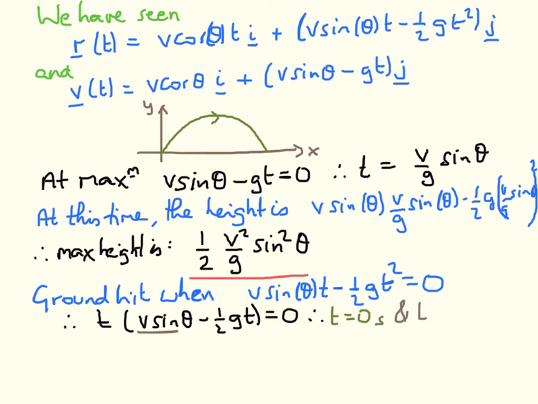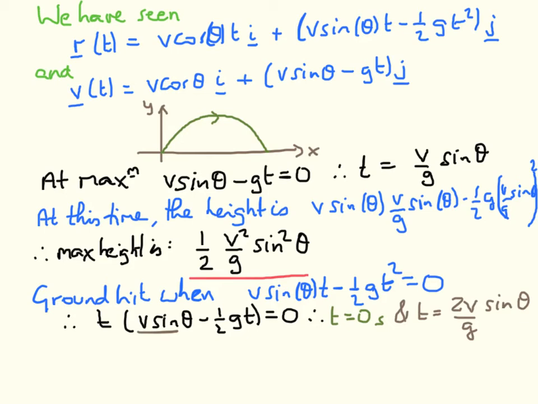So t is equal to 2v sine of theta all over g. And that is the solution that we are interested in. So this is a non-zero time when the particle hits the ground again.